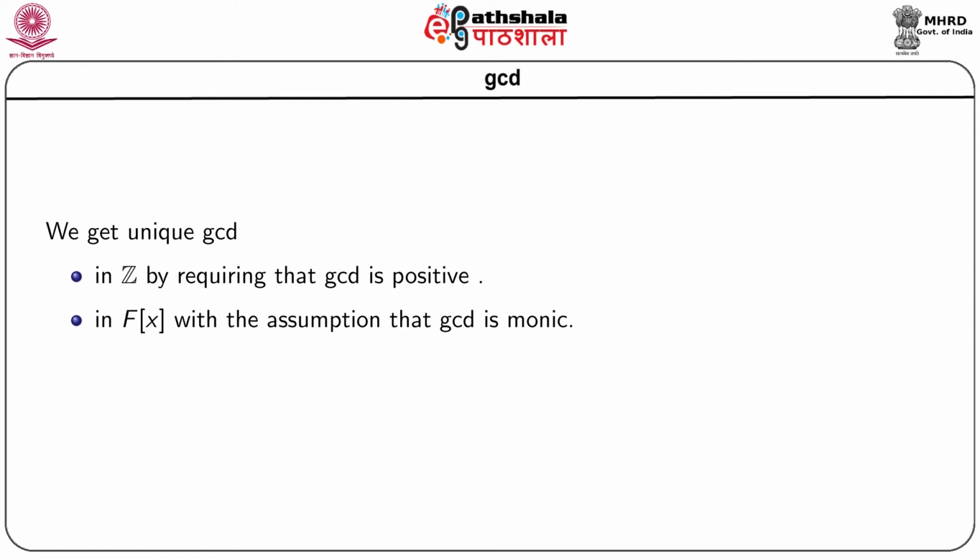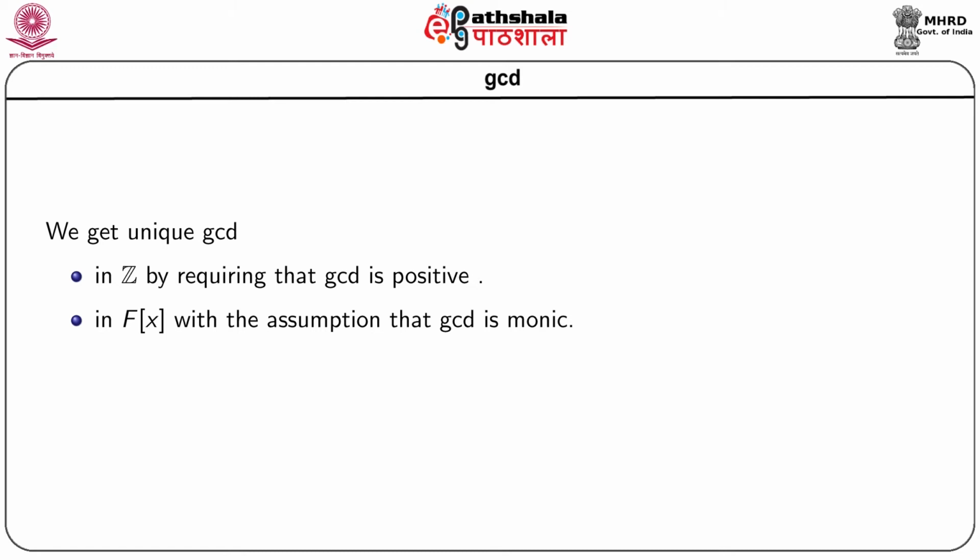But in an arbitrary commutative ring with 1, there is no notion of positiveness. At the same time, since in general an element of a commutative ring with 1 may not be a polynomial, there is no question of being monic.